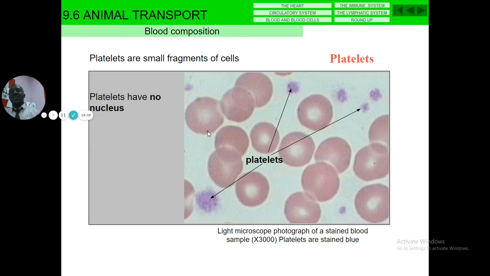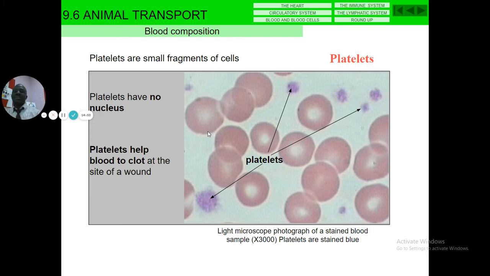So platelets have no nucleus, as red blood cells, and platelets help blood to clot at the site of a wound. Remember, blood clotting is the first step towards healing of the wound. When you damage a tissue, and expose it to air, and blood gets exposed, a response will happen, whereby the platelets together with vitamin K and calcium ions will produce an enzyme known as thrombokinase.